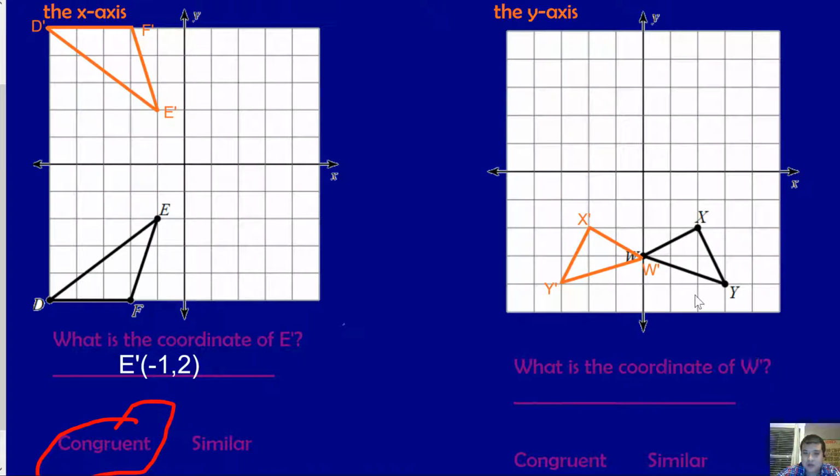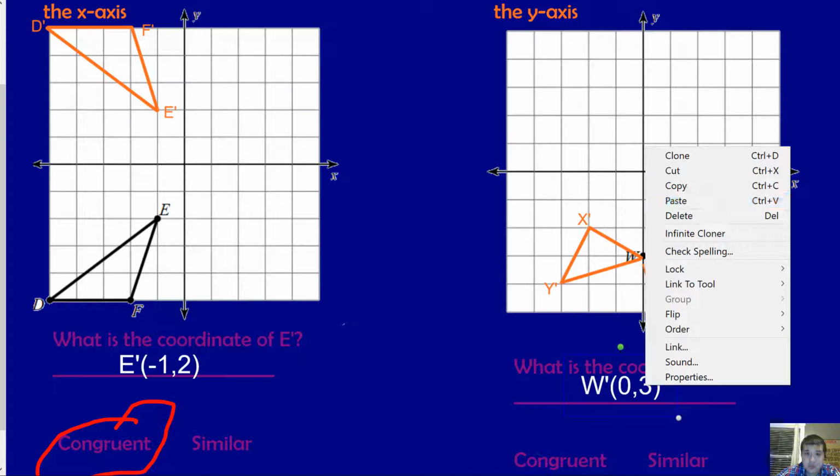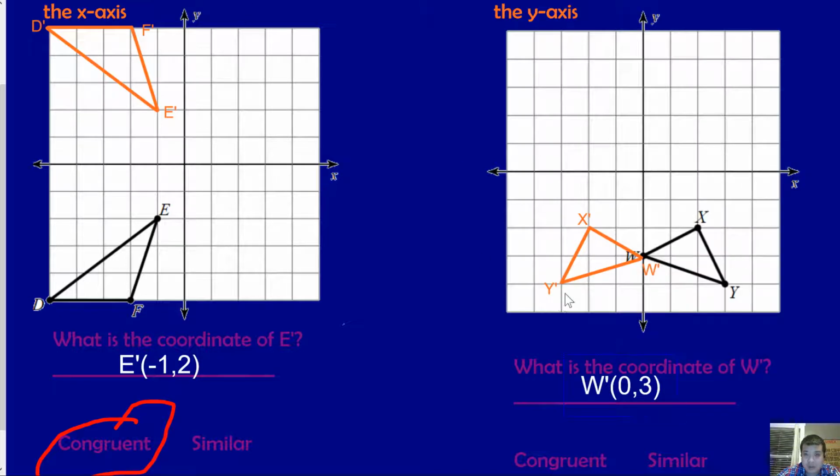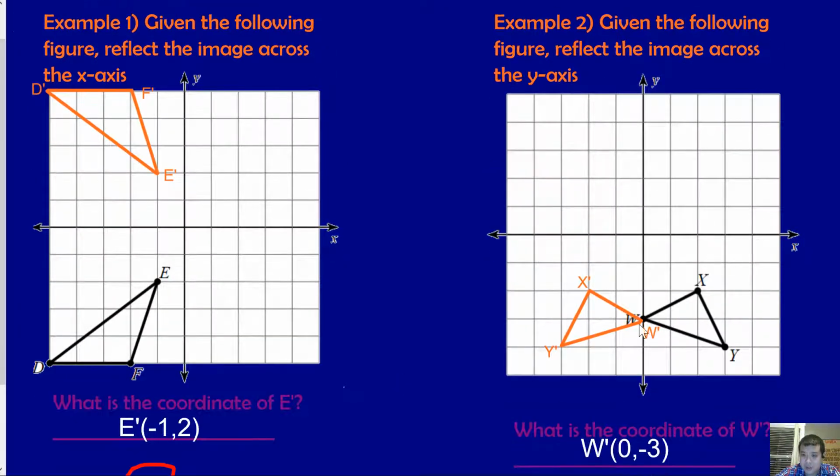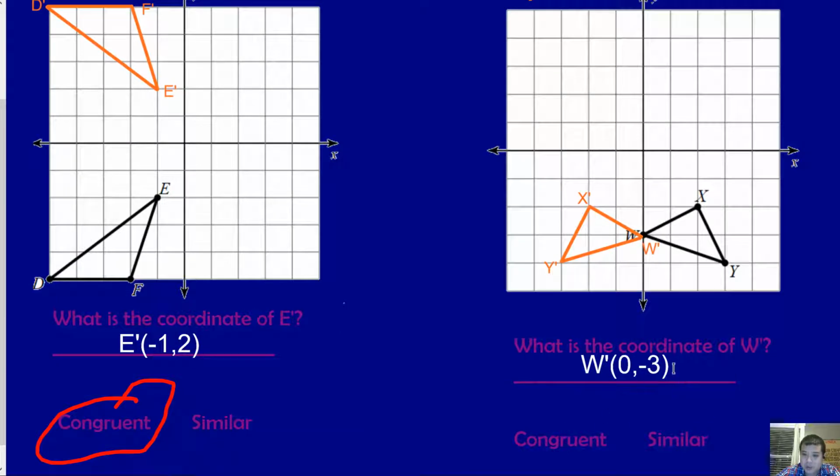The coordinate of W' is going to be (0, -3). We have to fix that. Notice that it is still the same coordinate as regular W. That's because if you multiply the x-coordinate by -1, you still get 0, because 0 times anything is still 0. And again, this is going to be congruent because all we did was a reflection.